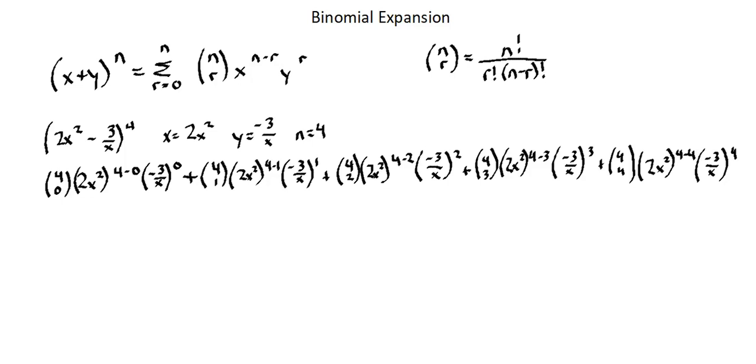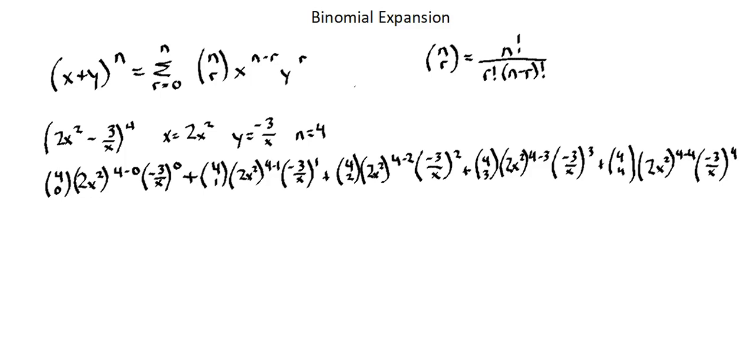I won't work through the calculation using this expansion. I'm simply going to recall that the numbers that we calculate in the binomial coefficient match a particular row of Pascal's triangle. Since our binomial is to the fourth power, we're working with the fourth row of Pascal's triangle.